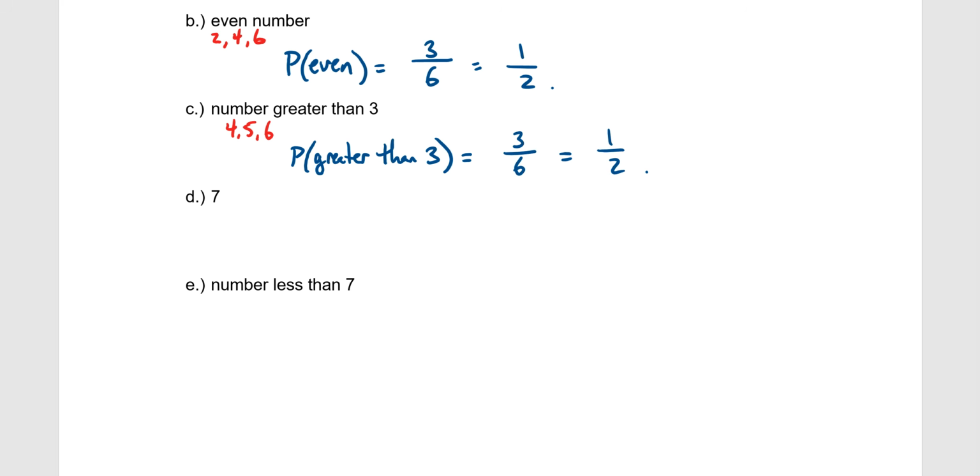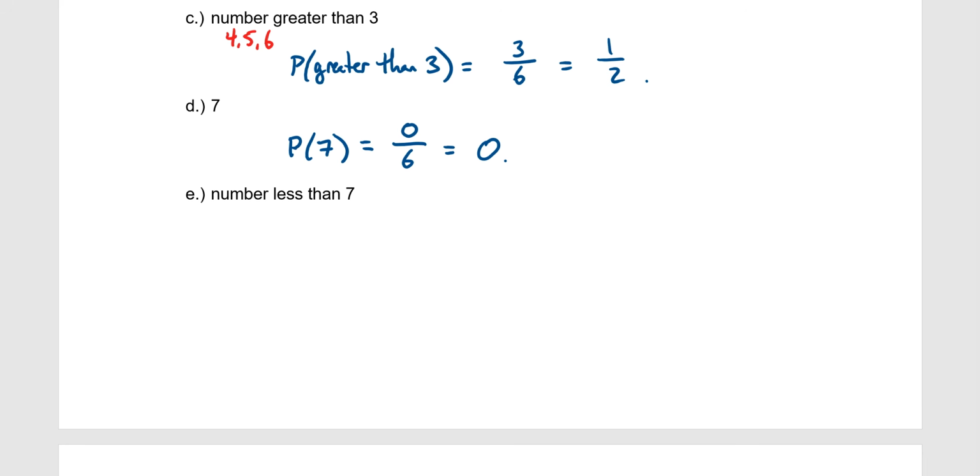And for the next one, we have the probability of rolling a 7. So the probability of rolling a 7, we have to think about how many ways we can roll a 7. Well, we can't. If it's a 6-sided die, then it's going to be 0 options for rolling a 7, divided by 6 total options, that's going to give us 0. Okay, and then for a number less than 7, that's actually going to be every number on the die.